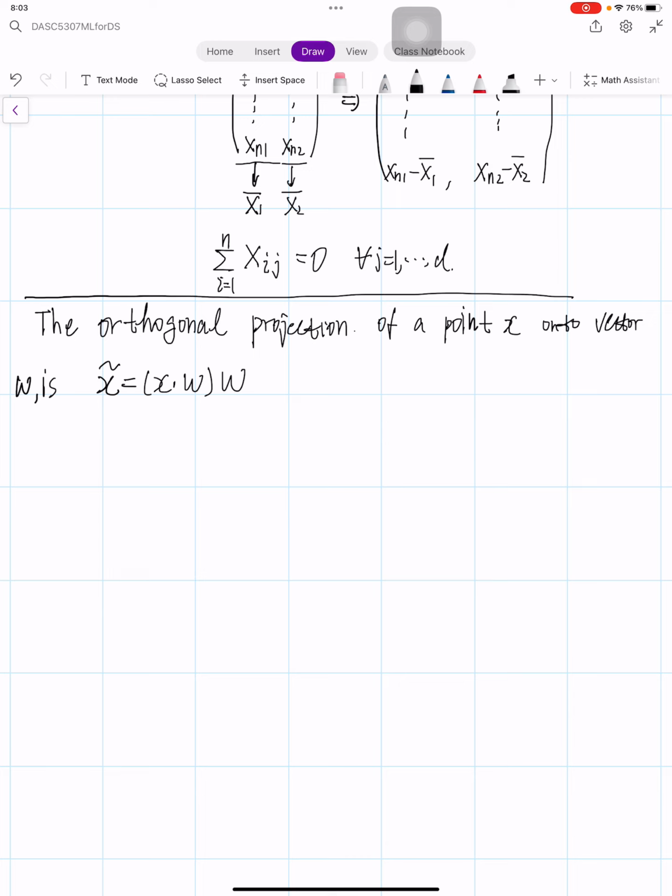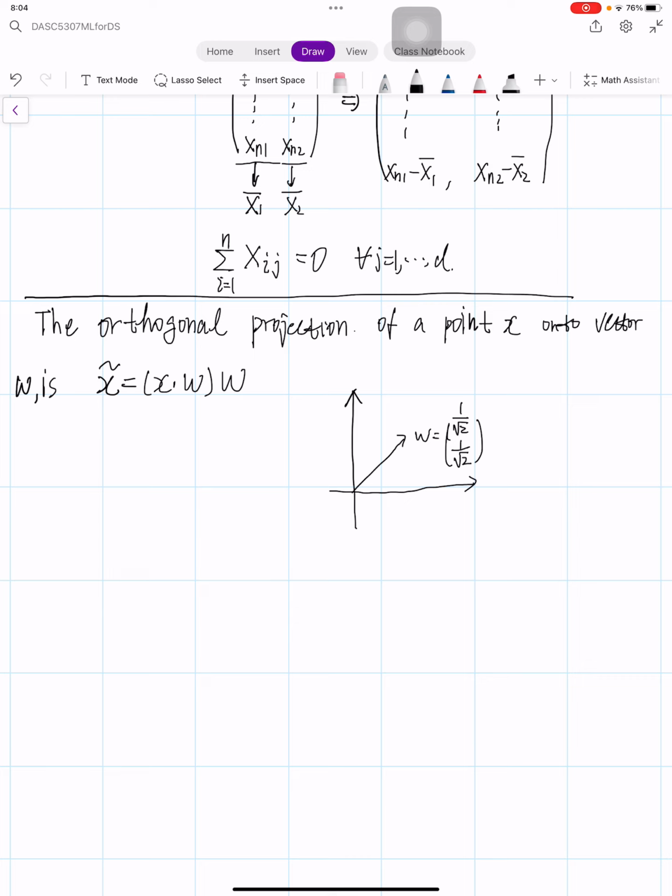Okay, so what does that mean? For example, suppose w here is a unit vector, which is denoted by 1 over square root 2, 1 over square root 2.